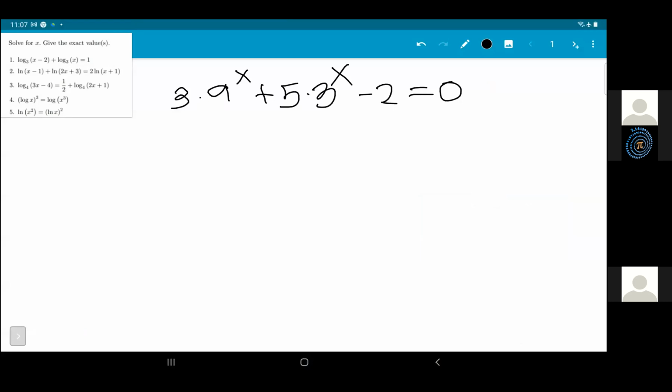Okay, so for this one, you let u be equal to 3 to the x.